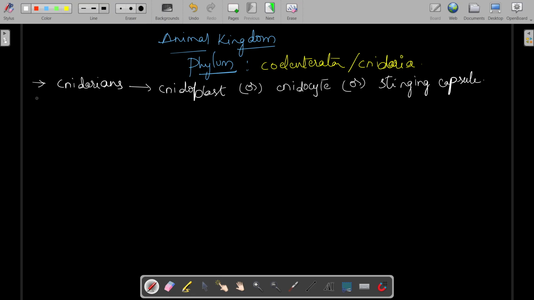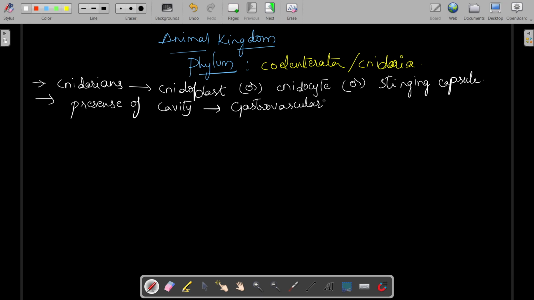So these cnidarians are also called Coelenterata. This name is given because of the presence of a cavity. Which cavity? This is the gastrovascular cavity.